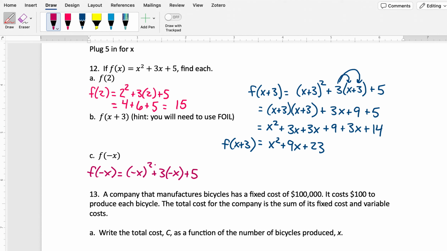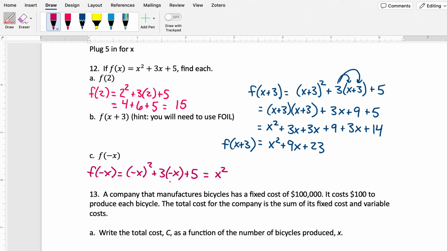Now with negative x squared, if I have an x, say that x is 5, I make it negative, negative 5. Negative 5 squared is positive 25. So the negative sign here, when I square it, is just going to go away because negative times negative is positive. So that's just going to be x squared.